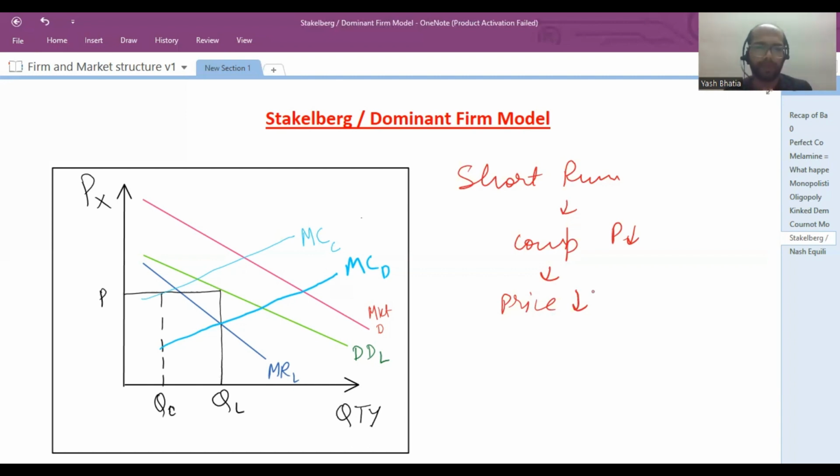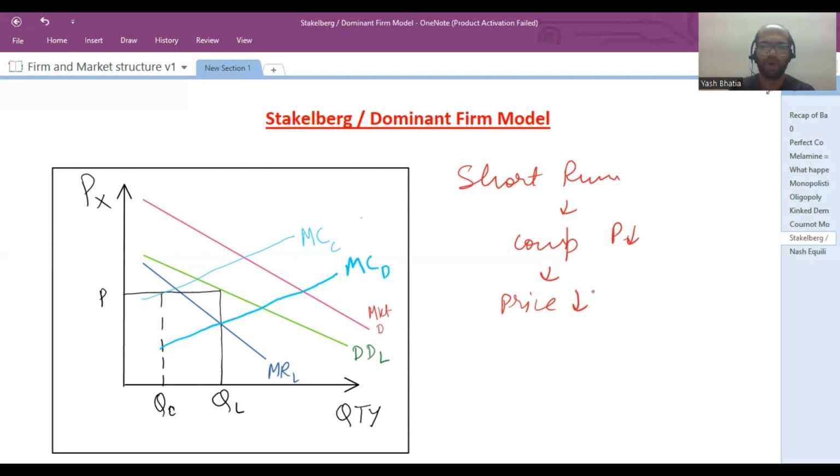Okay, so the conclusion of the dominant firm model is that the price is determined by the dominant firm alone, and all the other competitors have to accept that price and have to operate on that price only. Plus, one more thing, if competitors try to reduce the cost, they tend to lose market share in the long run.